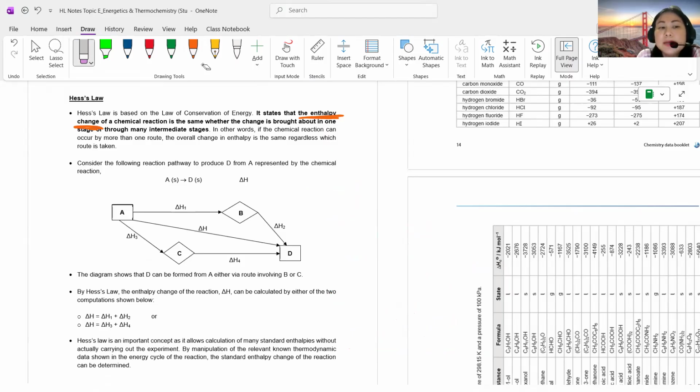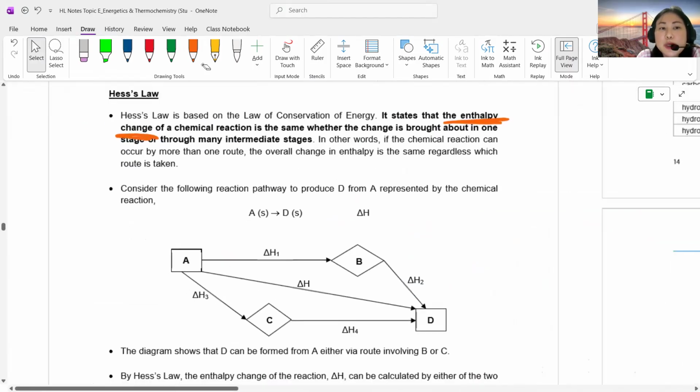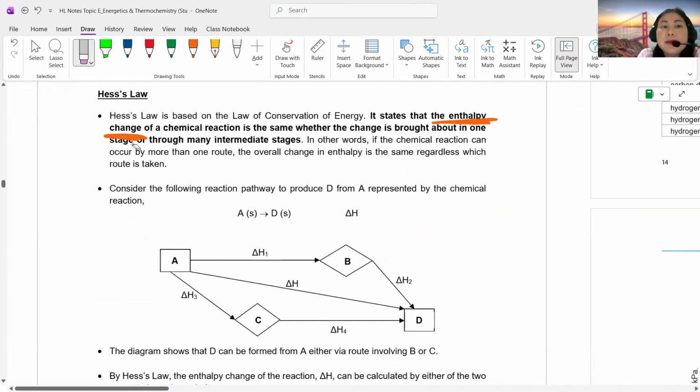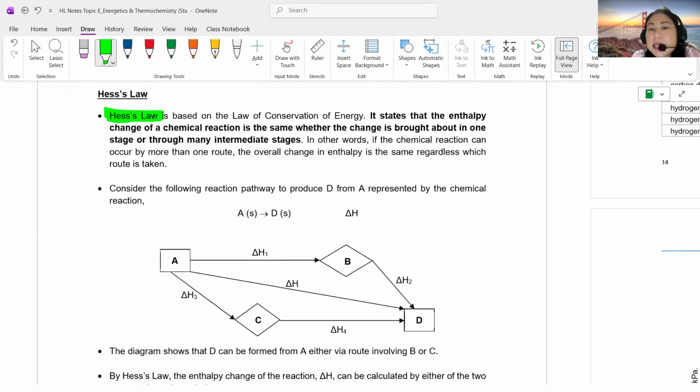There are a few methods, but whichever method we're using, the main basis of most of the methods is this thing called Hess's law. So Hess's law states that it's a form of conservation of energy. It states that as long as the starting and the ending are the same, the energy change in the reaction is regardless of the pathway.